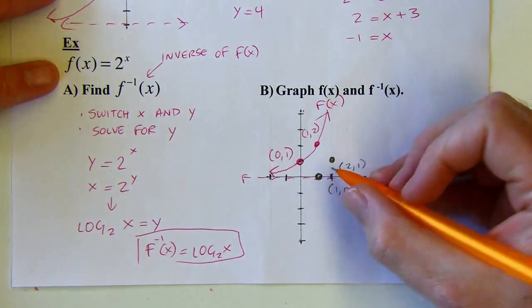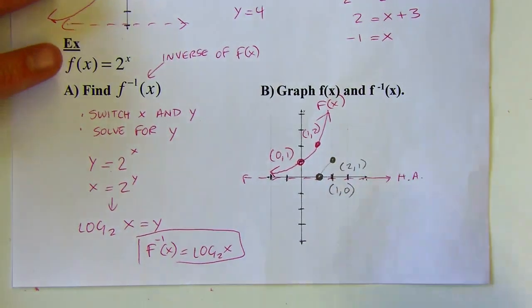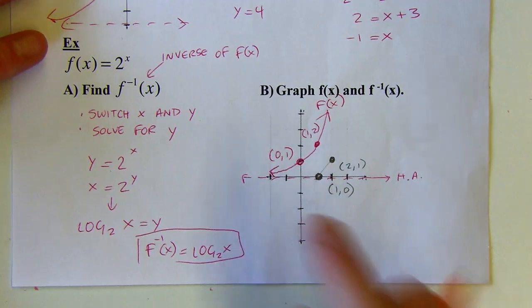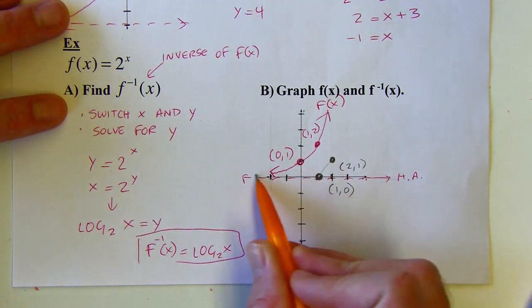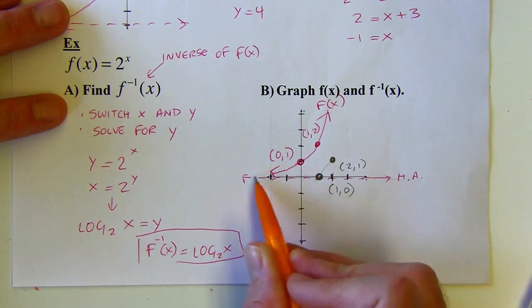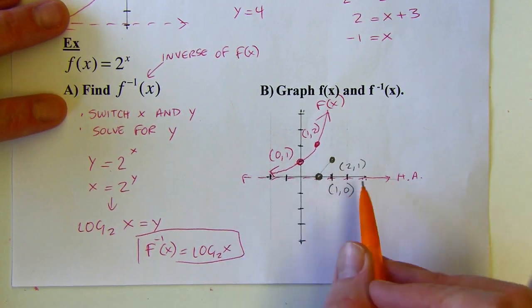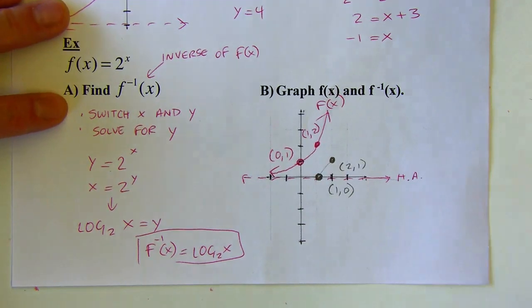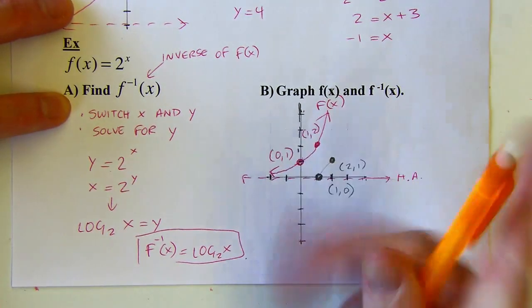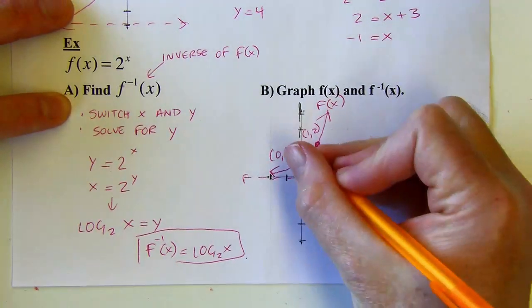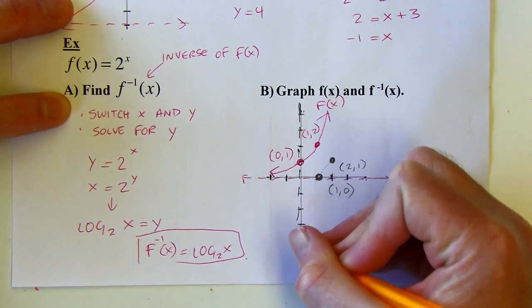So actually, before I get to drawing the curve, since this had a horizontal asymptote right here, if I think about switching the x and y's there, that means the inverse is going to have an asymptote. Whoops, broke my pencil there. Inverse is going to have an asymptote on the y-axis instead.